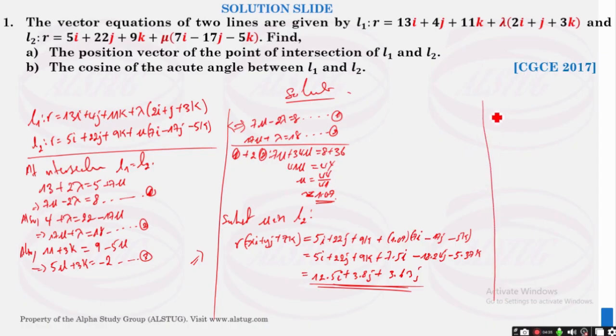Now for the B part, this was the A part of the question. For the B part of the question, the cosine of the acute angle between L1 and L2. So cos theta will be equal to the directional vector of 1 dot directional vector of 2 divided by the magnitude of directional vector 1 into the magnitude of directional vector 2.